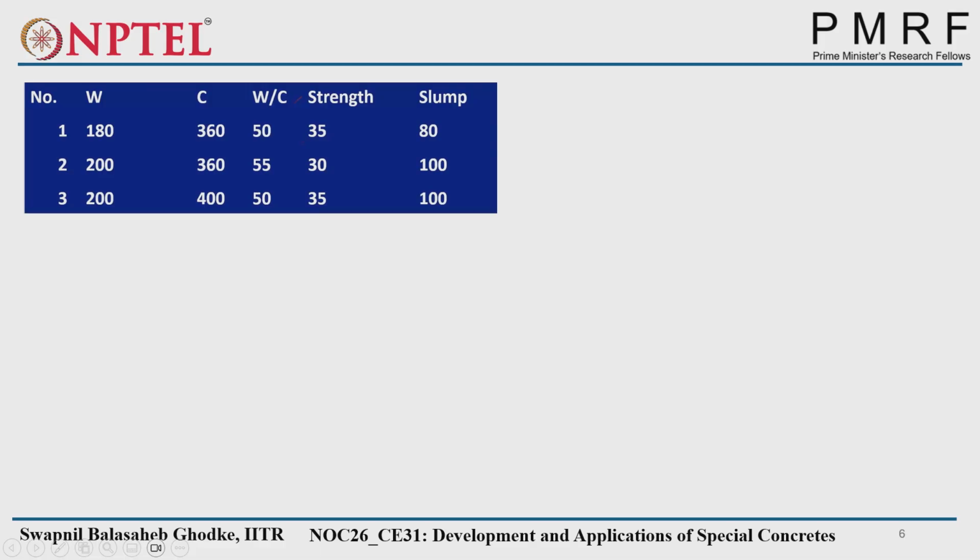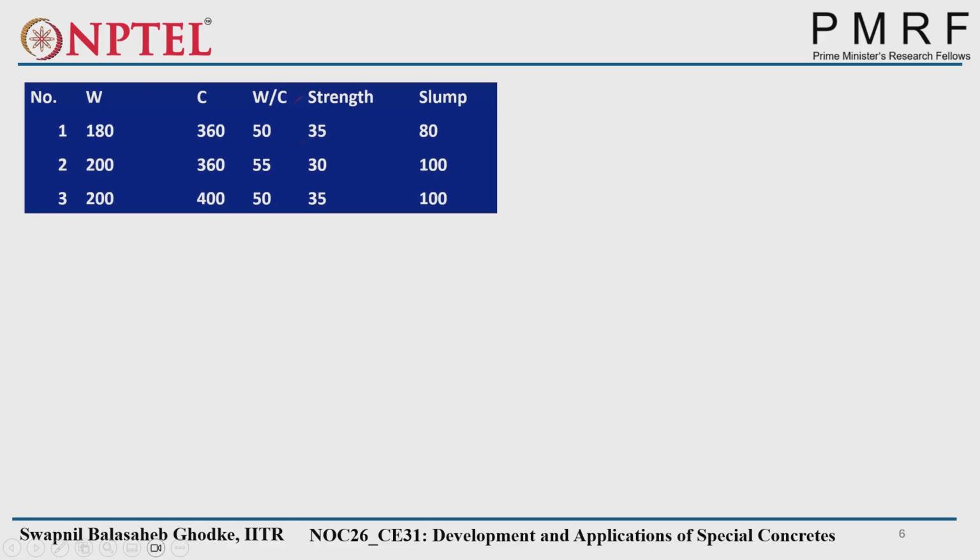Suppose we increase water content and keep the same cement content, what will happen? Water cement ratio will increase. So we observe that both water cement ratio and water content increase, and because of that both the strength and slump will differ. Because of the increasing water cement ratio, strength will be reduced compared to the base mix.